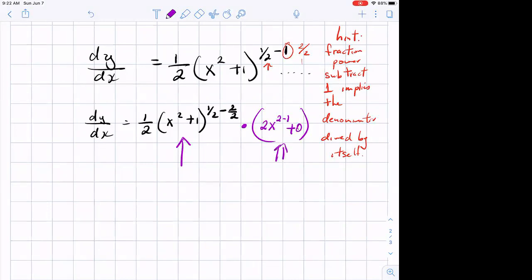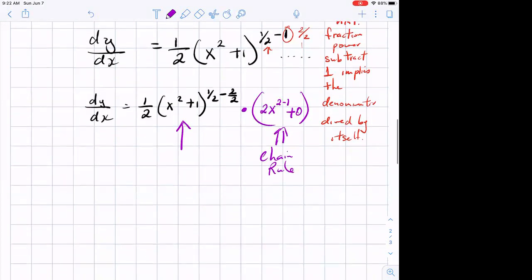This here is the chain rule. Okay. So the chain rule is sort of like a link. That's why we call it the chain rule, link. So you're not only taking the derivative of the power, you have to take the derivative of the inside here.